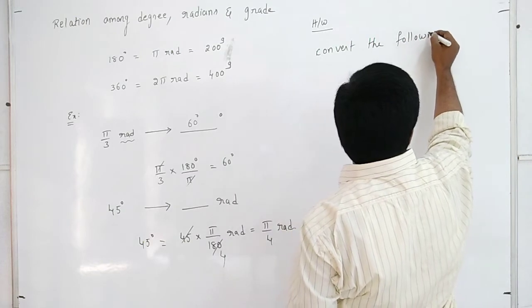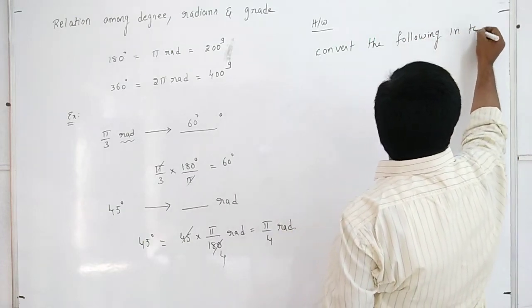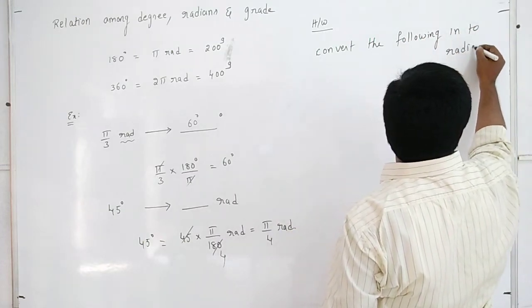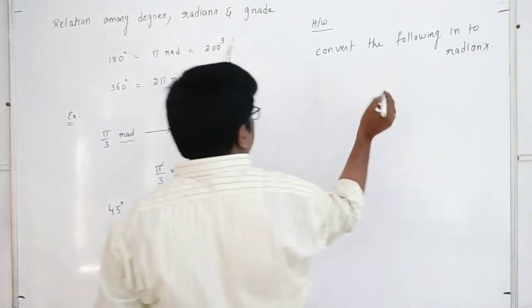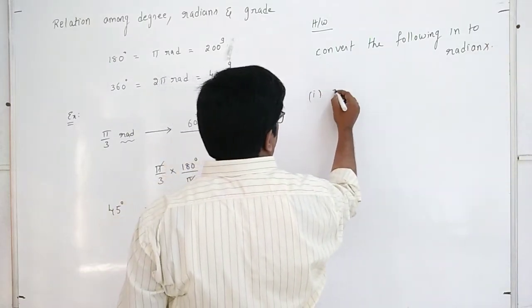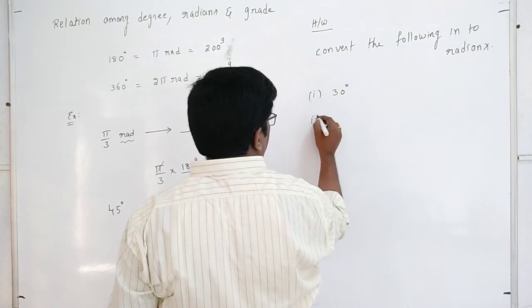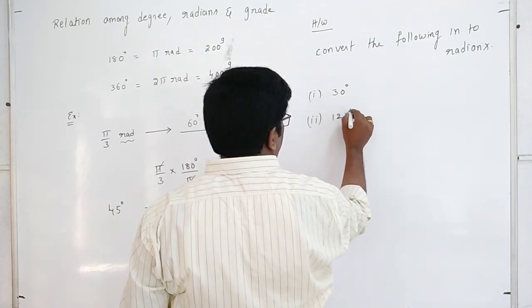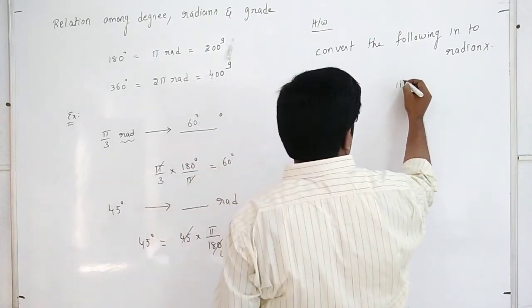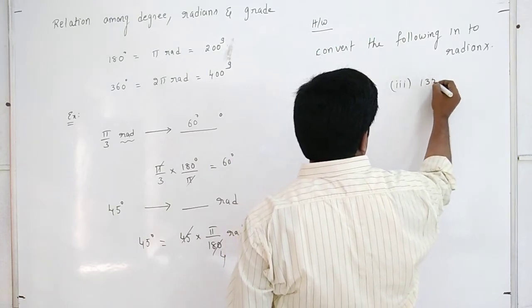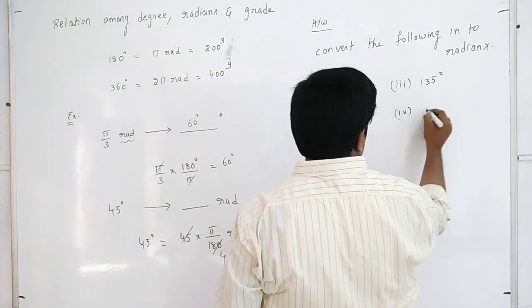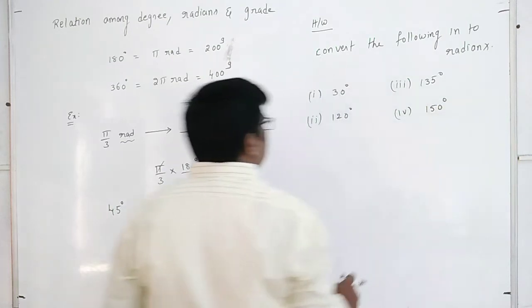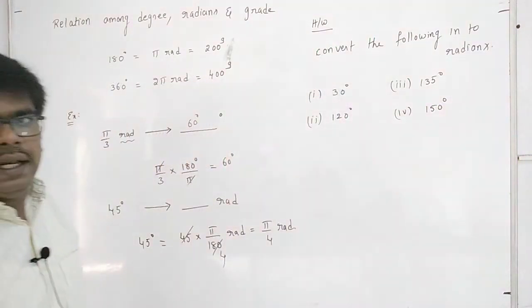Convert the following into radians: 1, 30 degrees; 2, 120 degrees; 3, 135 degrees; 4, 150 degrees. So you convert these into radians.